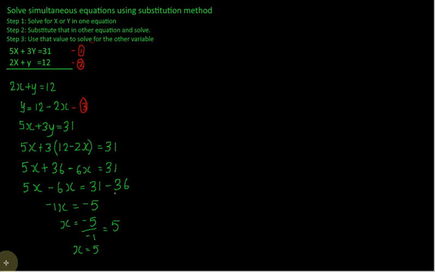Now I am going to step 3, that is use that value to solve for the other variable. So I am going to substitute this value of x in equation 3 and find the value of the other variable.